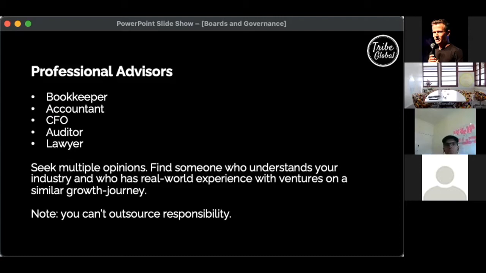You might find that when it does come time to maybe set up a Delaware company in the US to enter the US market, you might have to find another accountant to do that part of the process for you. But ideally, the point I'm trying to make here is find someone with industry knowledge in your vertical and find someone who's advised companies that are on a similar growth path to you so they can identify those pitfalls.